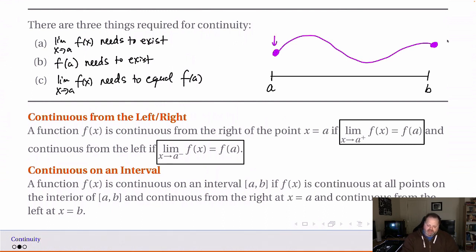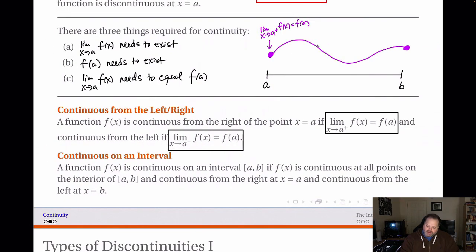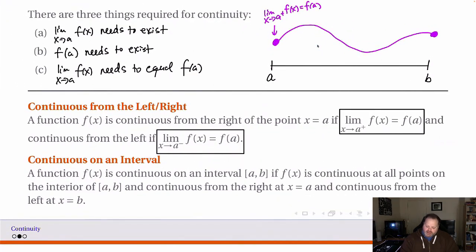Now, with that in mind, what does this say? Well, it says that the limit as we approach a from the right has to be equal to f at a. In other words, we have to be continuous at the left endpoint from the right. We have to be continuous at the right endpoint, so the limit as we approach b from the left needs to match f at b.